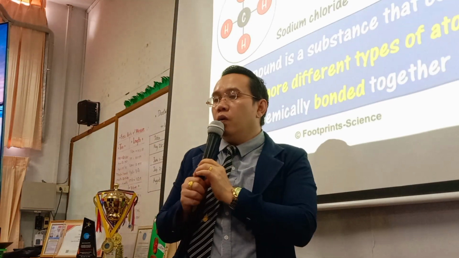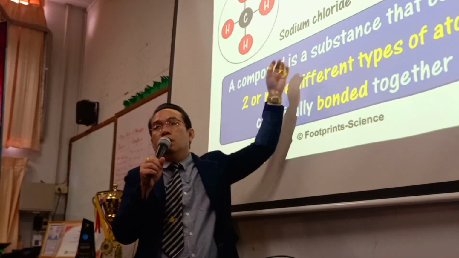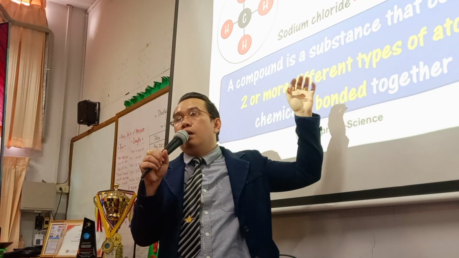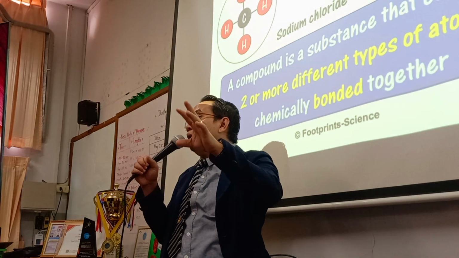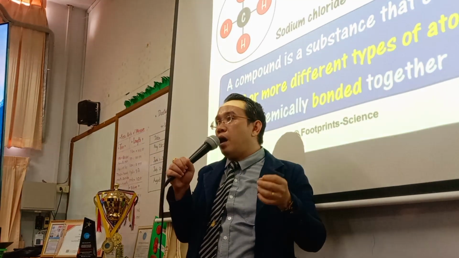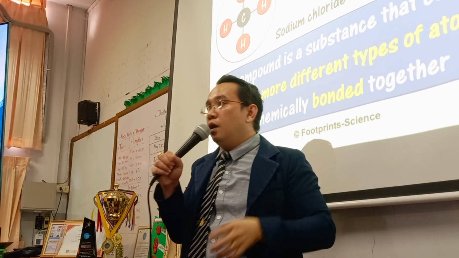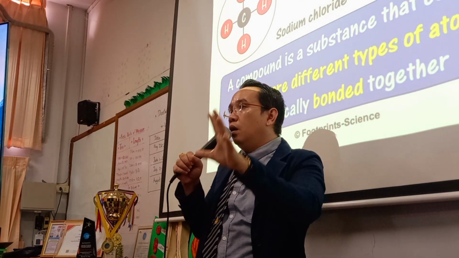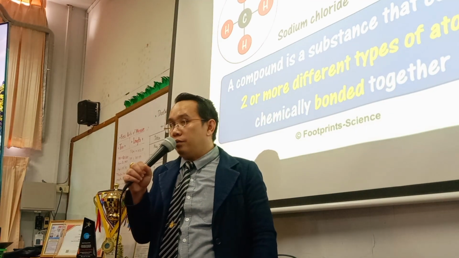Another one that we need to remember is a compound. So when can we say that it is a compound? Remember, a compound is composed of two or more elements combined in order to make chemical compounds. For example, calcium carbonate, carbon dioxide, and water are all examples of compounds.